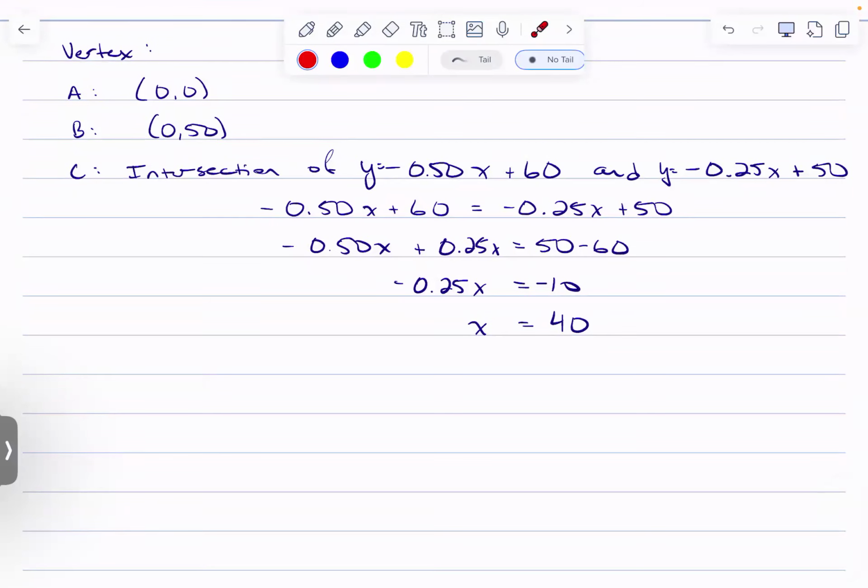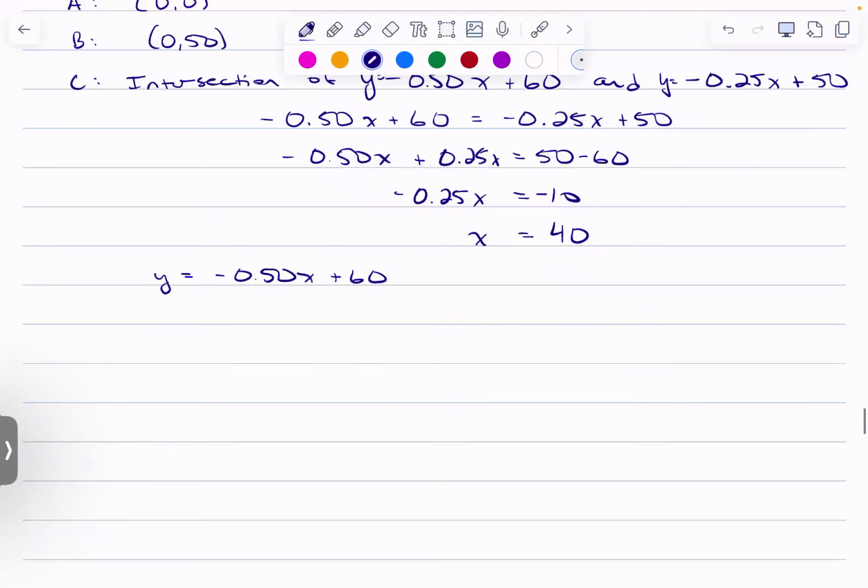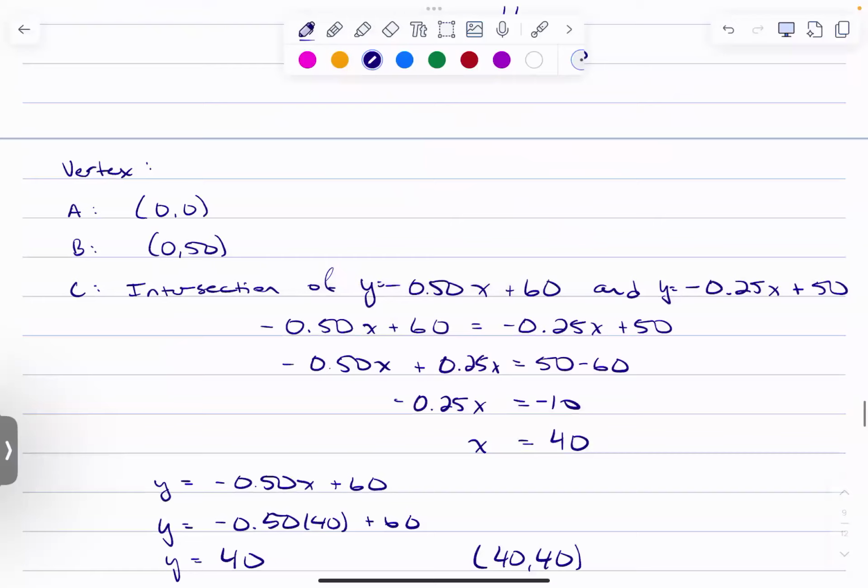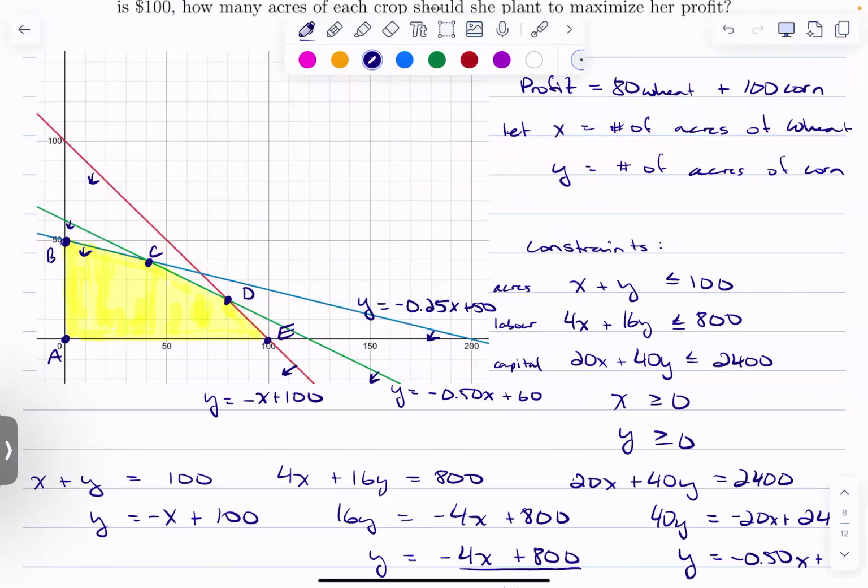Y is negative 0.50x plus 60 at x equals 40. Negative 0.5 times 40 plus 60, y is also 40. So 40, 40 is the intersection for C, and you can check to make sure that that looks reasonable. And it does.